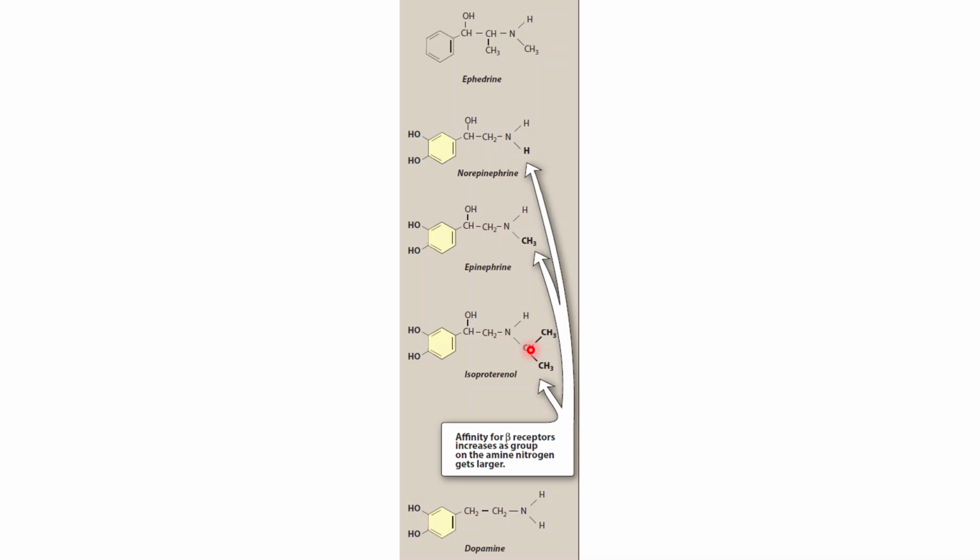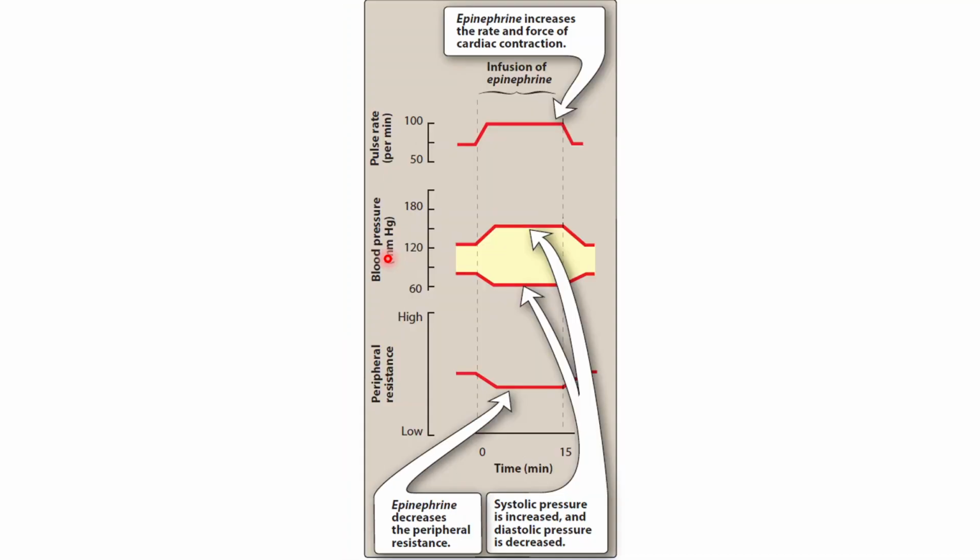The other group is the non-catecholamines, and they don't have these hydroxyl groups, and that is why they have longer duration of action. These drugs include phenylephrine, ephedrine and amphetamine.